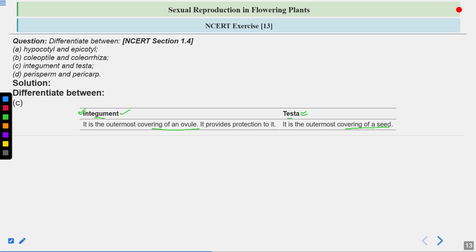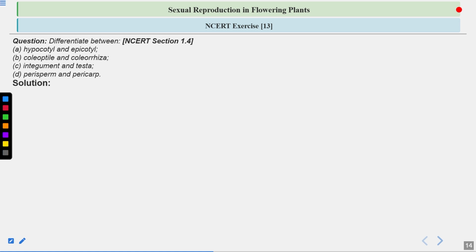So the testa is a post-fertilization structure and the integument is a pre-fertilization structure. This is very, very important. That is the difference between the integument and testa. I hope it is clear. Now I'll move to the next difference.